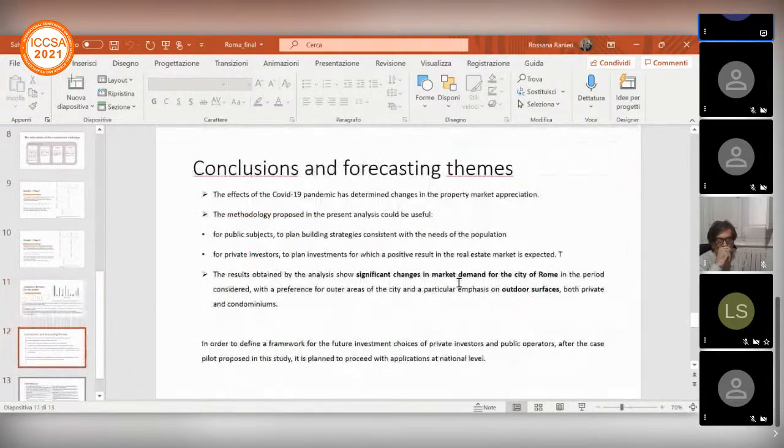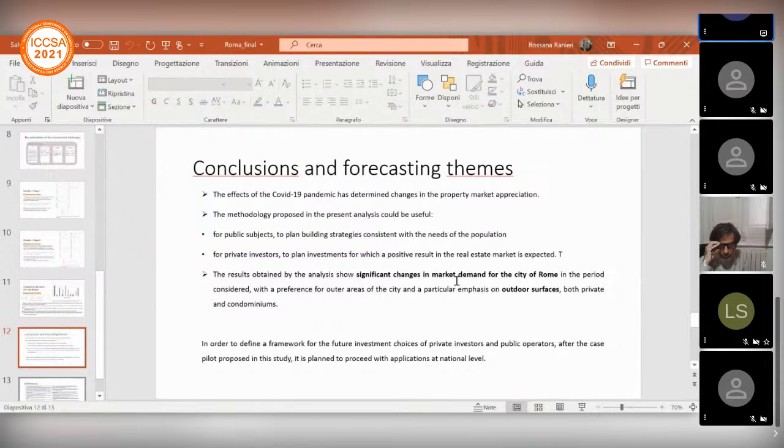So we made this research choosing a case study for the city of Rome. The methodology could be useful for public subjects to plan building strategies that are the expression of the new needs of the population, and also for private investors to plan effective investment.